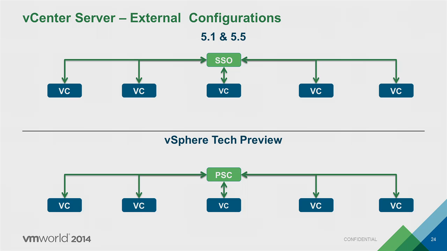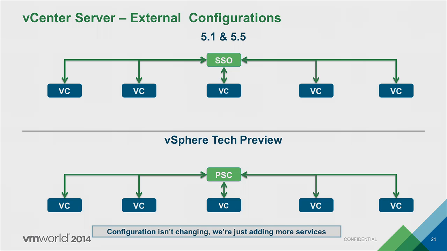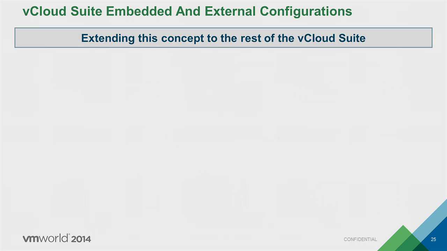Going forward, same exact thing, except it's a platform services controller, and I have multiple vCenter Server instances connected to it. Once again, configuration isn't changing. We're just adding more services, and we're changing some of the technology. It's not just the SSO VM anymore.